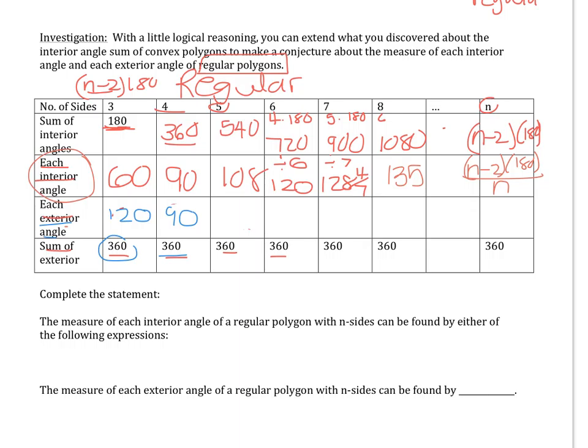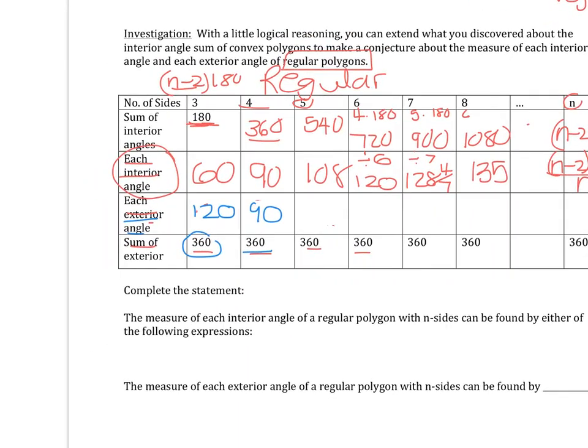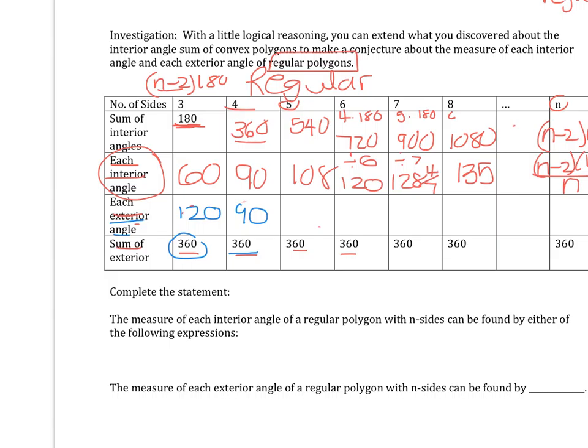The other way we could figure out the exterior angles is that the interior and the exterior angles are supplements of each other. When you think about the picture of the triangle, here's the interior, here's the exterior. So these two numbers are going to always add up to 180. So this one is 72, this is 60.